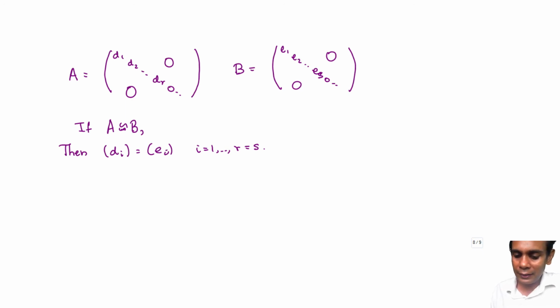Clearly, the ideal generated by the entries of A is the ideal generated by D1, D2, D3 and so on.